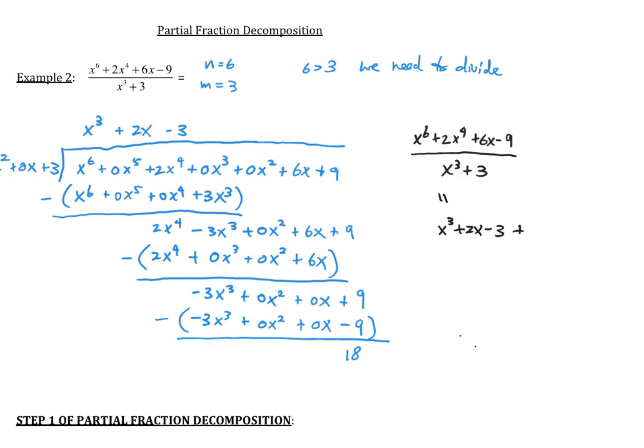I put plus 18 divided by what my divisor was, x cubed plus 3. So the original rational function is exactly equal to this polynomial plus a rational function that looks much simpler than the original one.